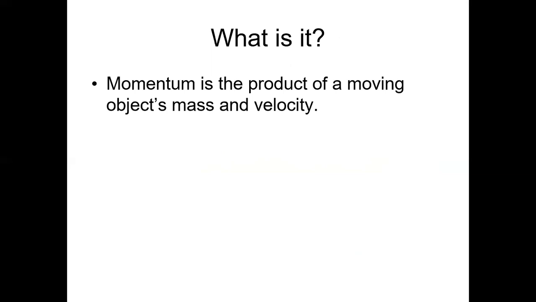An object can be stationary, and if that's the case, its momentum would just be zero. But this is when objects pretty much collide. You can have a moving object that collides with a stationary object. Now, momentum is a vector, meaning it has both direction and magnitude.